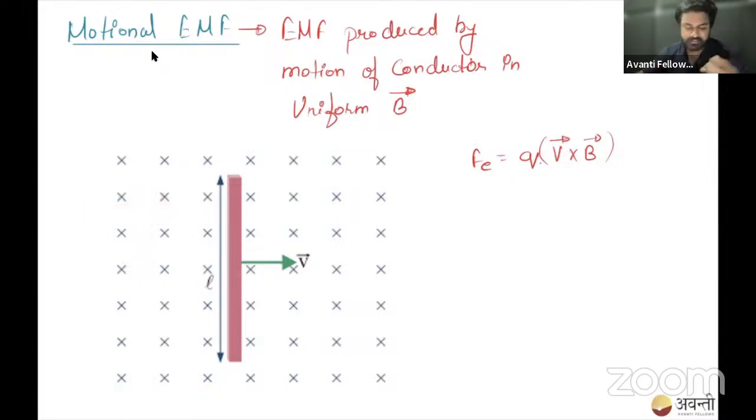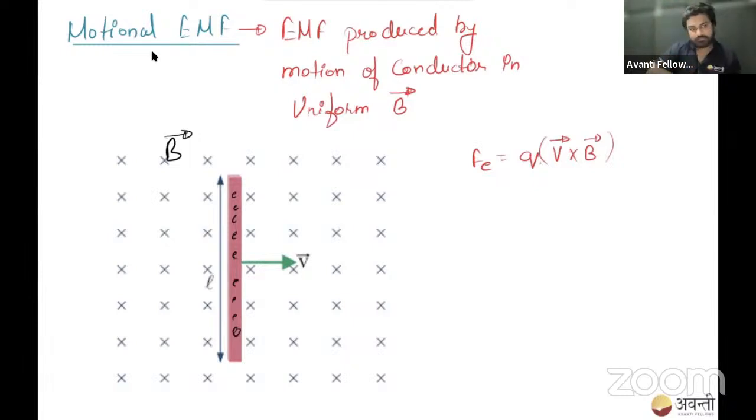Similarly, this rod, bachcho, is made up of atoms, with electrons and protons. Electrons are free. So consider the electrons in this rod, and this rod is moving with velocity v in magnetic field B. Where will these electrons feel the force? Can you tell me the direction?